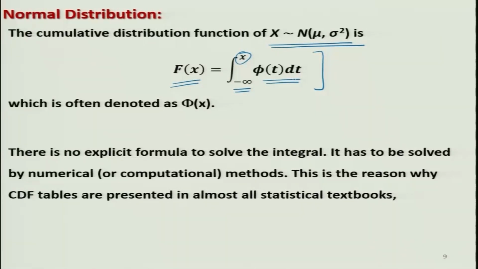One of the popular notations for indicating the normal density is the small phi, and this Fx is indicated by capital phi x. That is the very popular notation among users. You will see that we have got tables for the probabilities for this CDF, and they directly use the symbol capital phi x.